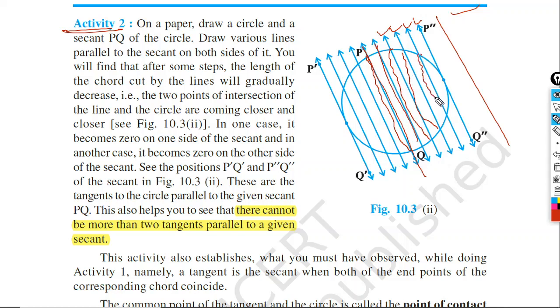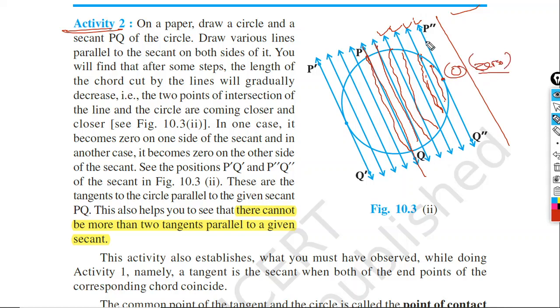If you continuously decrease the length of the chord and keep the chords parallel, a point will come where the length of the chord will become 0. Here there is some length of chord, and if you draw another line there will be some length of that chord, but a point will come where the length of the chord will be 0.